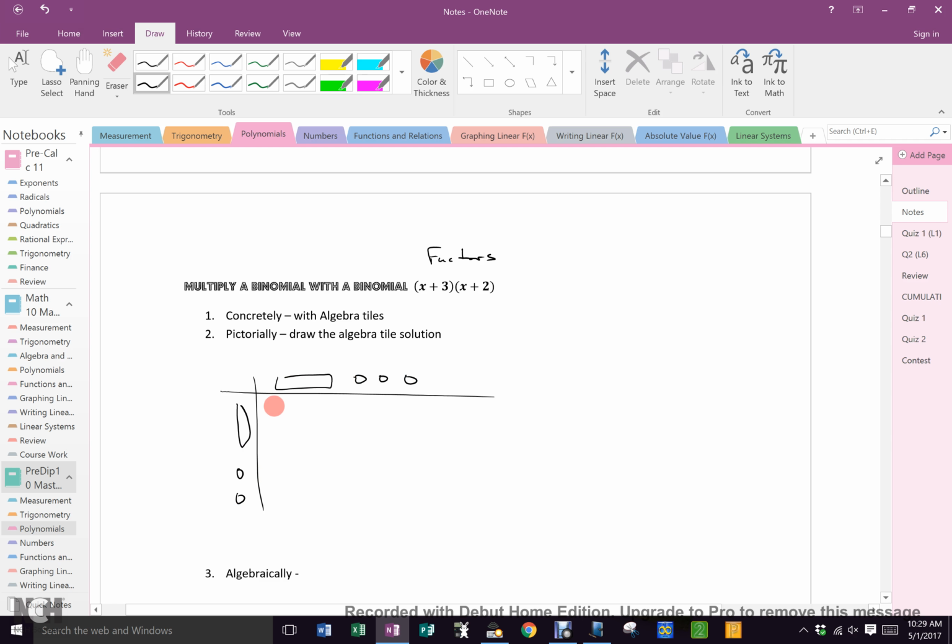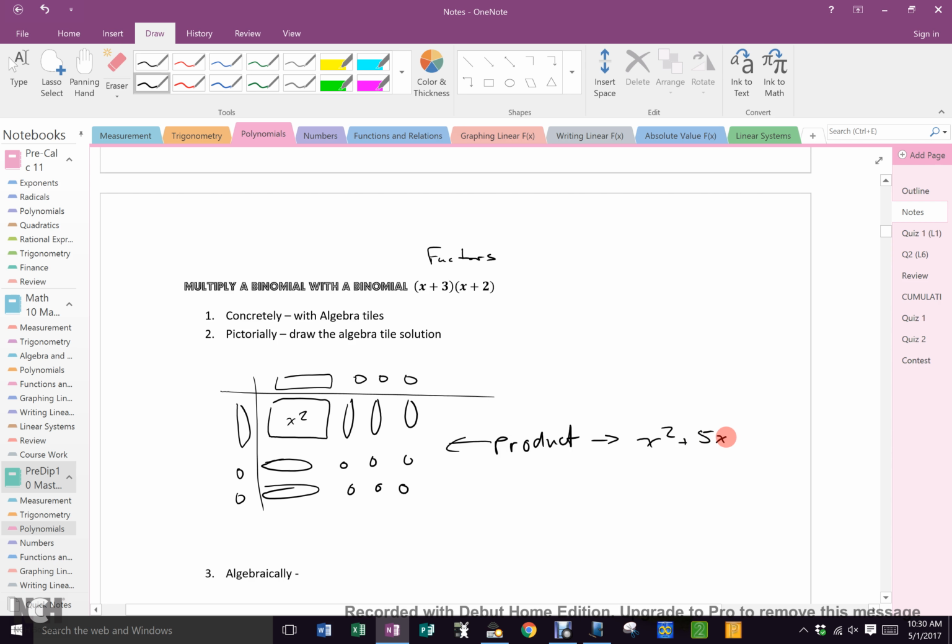And then I multiply it out. x squared, yes? Because that x is stretching all the way out here. Then 1x, 2x, 3x, 4x, 5x, 1, 2, 3, 4, 5, 6. That's my product. And it is x squared plus 5x plus 6.